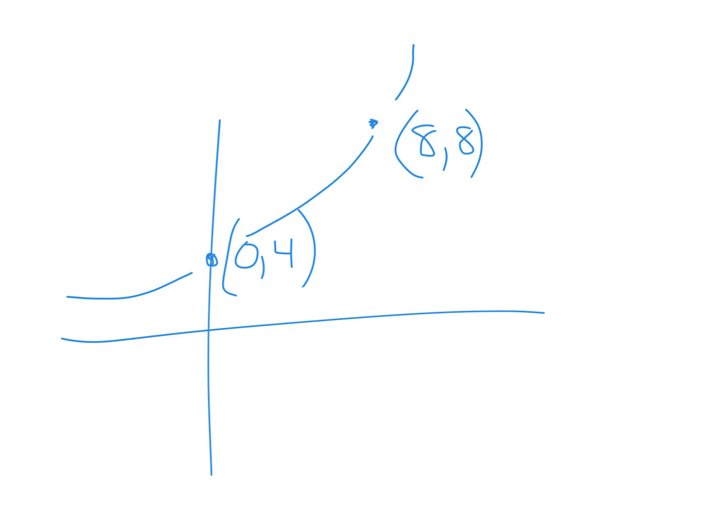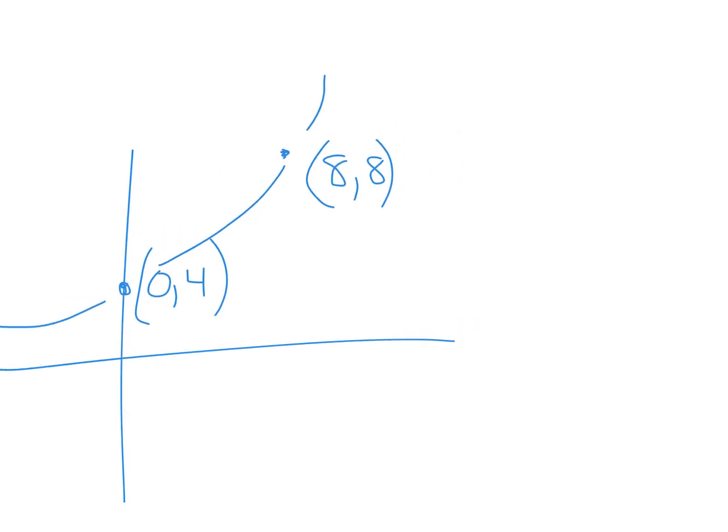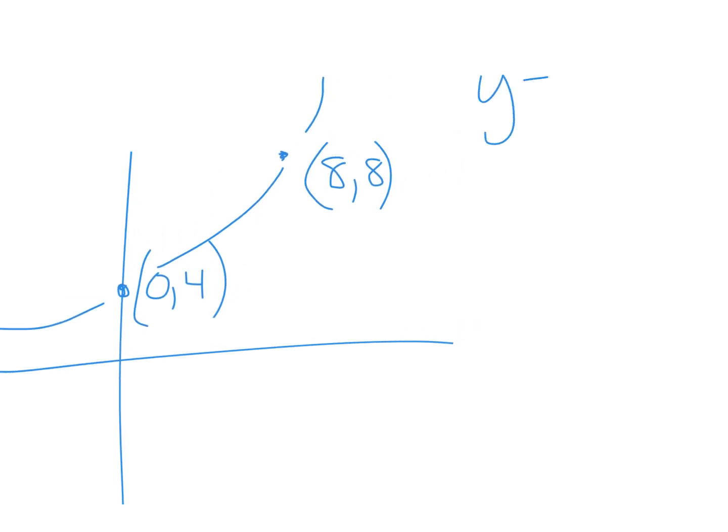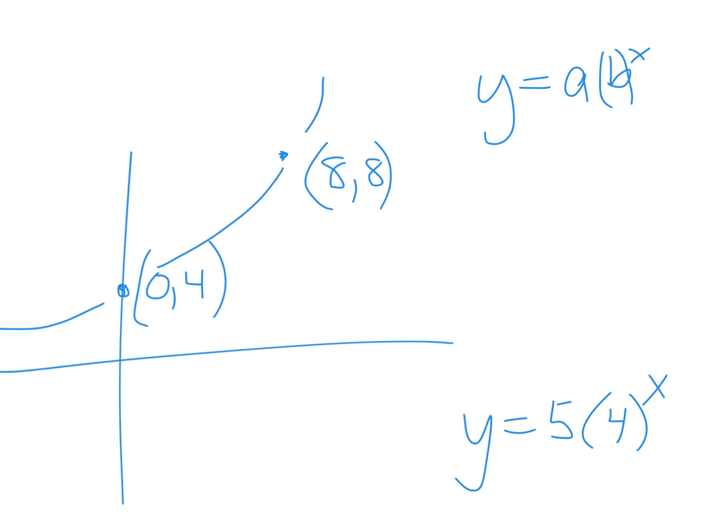If I know it's exponential growth, you could always write a generic form, y equals a b to the x. But I told you a, and you can figure out b. Would you please rewrite this equation with a and b figured out, and the answer is not this, but something like that.